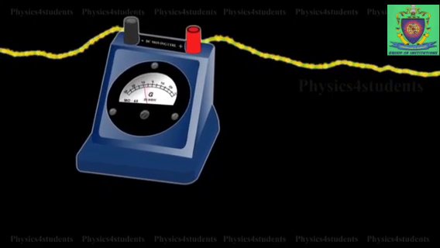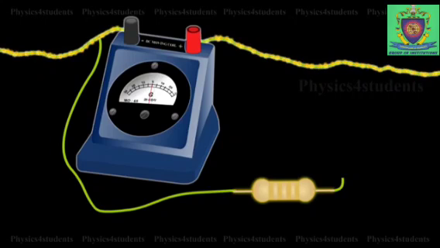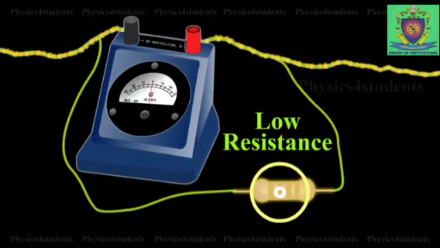Therefore only a small current can be passed through this galvanometer because it has the least division. So the current passing through it will be very small. So I should consider a very small current passing through it.